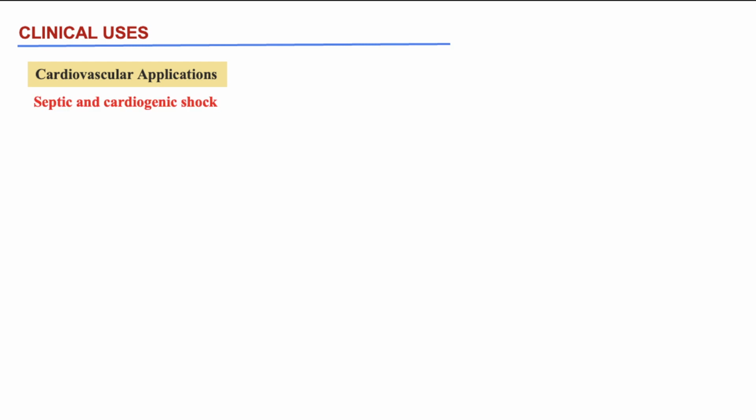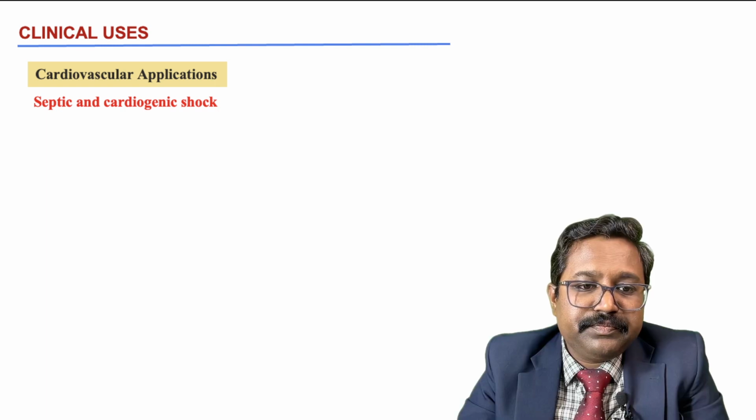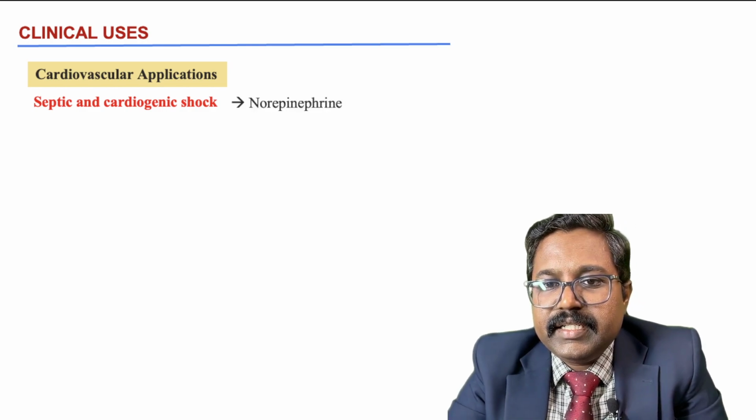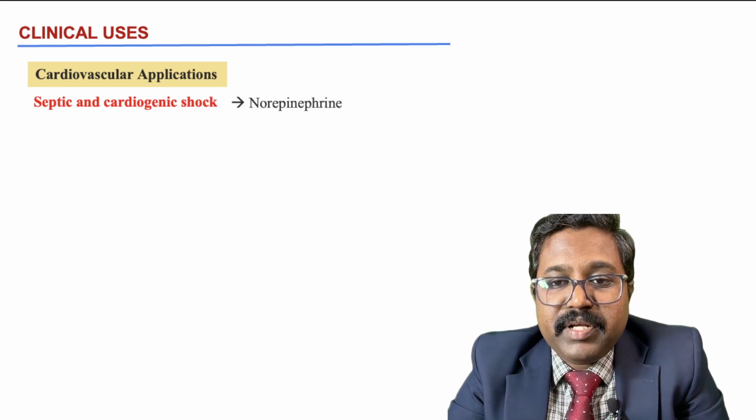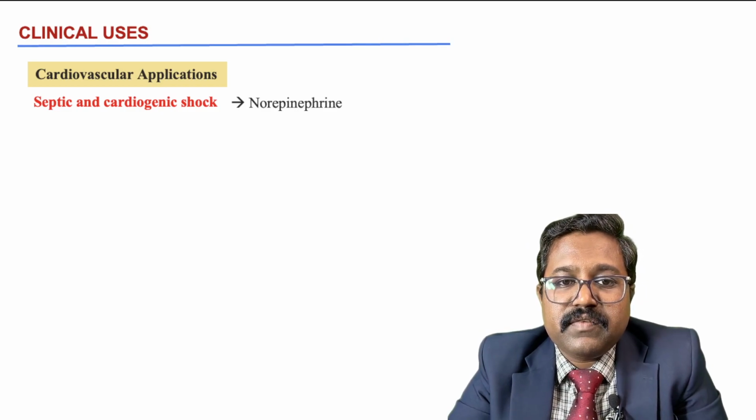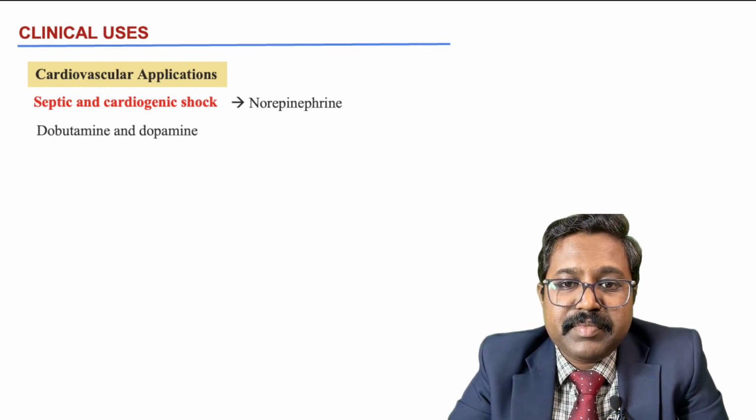Next, coming to the cardiovascular applications, epinephrine, norepinephrine and dopamine can be utilized in the treatment of septic and cardiogenic shock. Here you can use norepinephrine because of the predominant activity on the alpha 1 receptor.